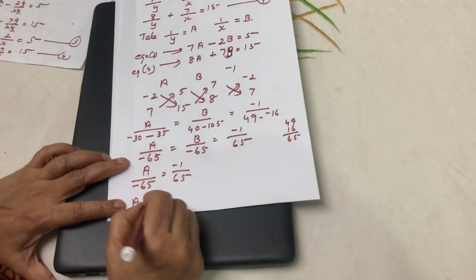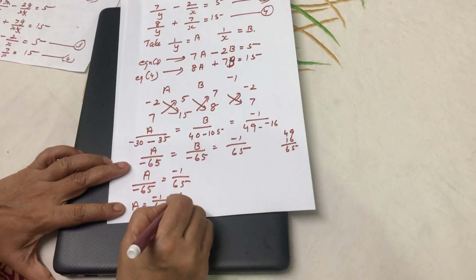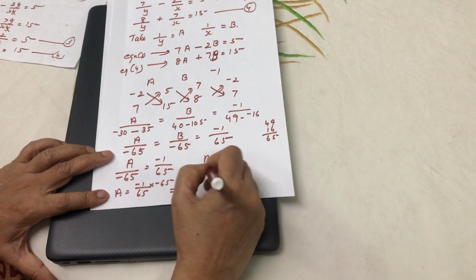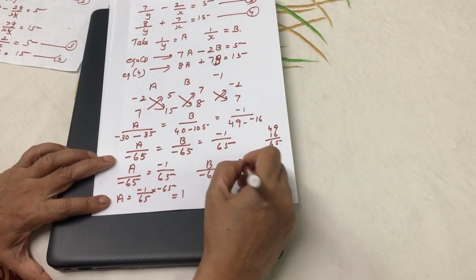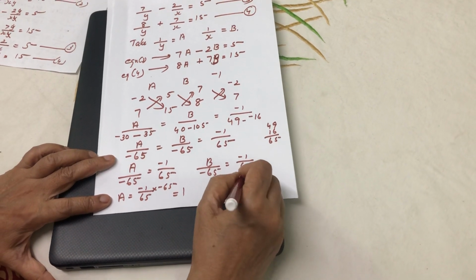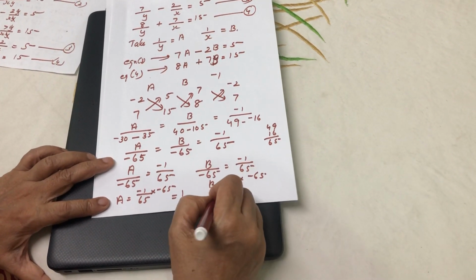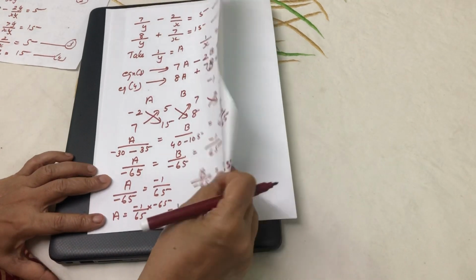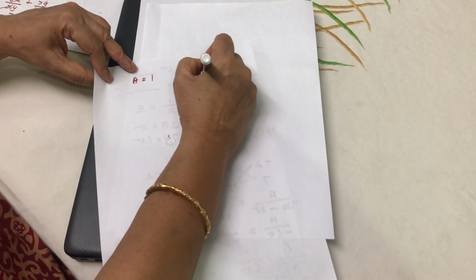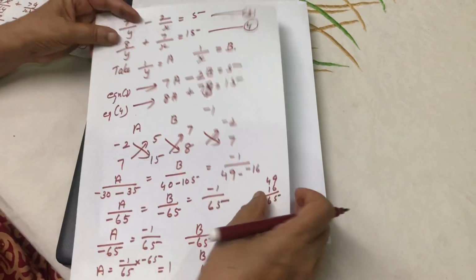A is equal to minus 1 by 65 into minus 65, which is 1. B by minus 65 is minus 1 by 65, so B is minus 1 by 65 into minus 65, which is 1. So you are getting A is equal to 1 and B is equal to 1. What is our A?